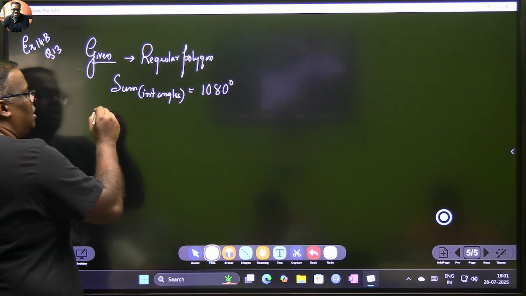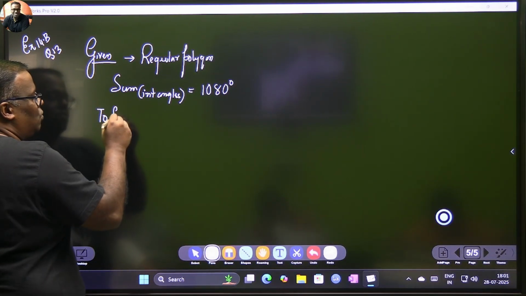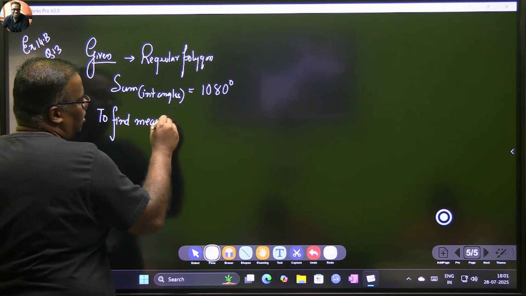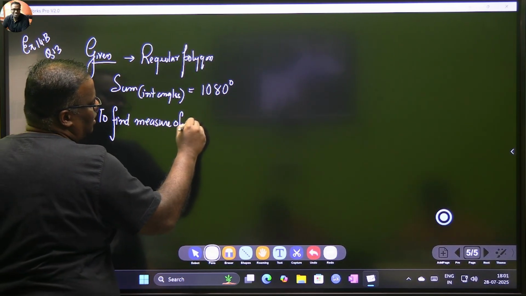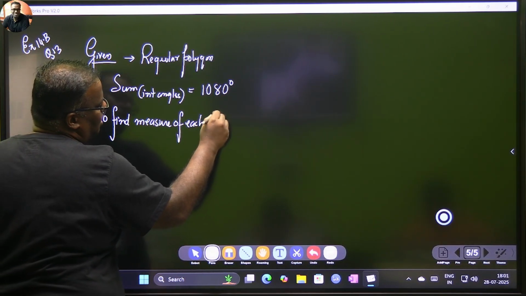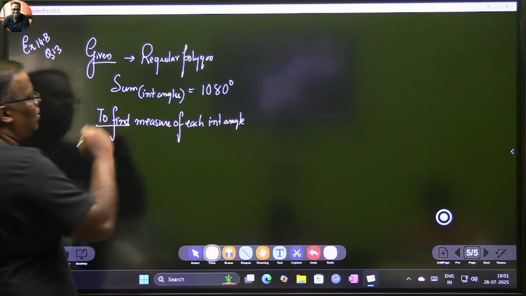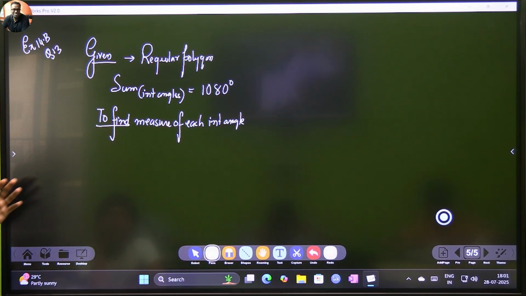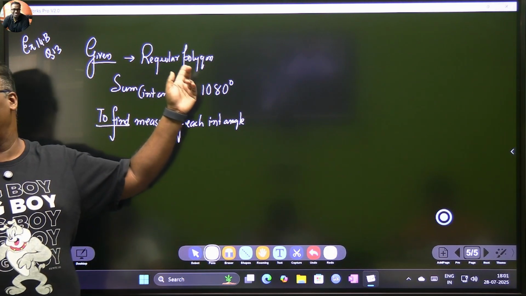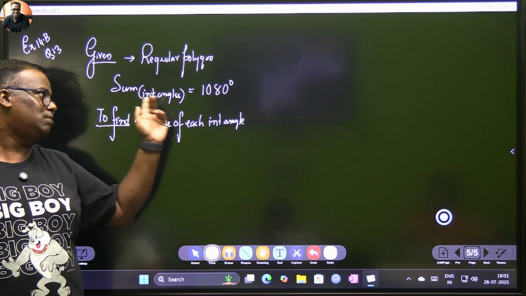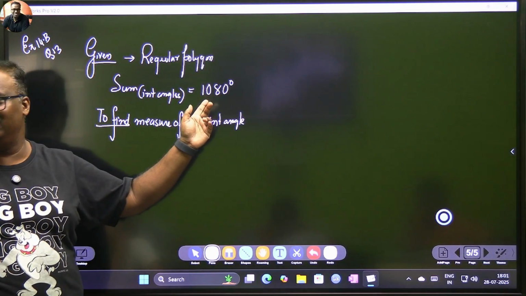Now to find the measure of each interior angle, children, hang on one minute, just have a look at me. Just imagine given an equilateral triangle, the sum of the internal angles is 180 degree.